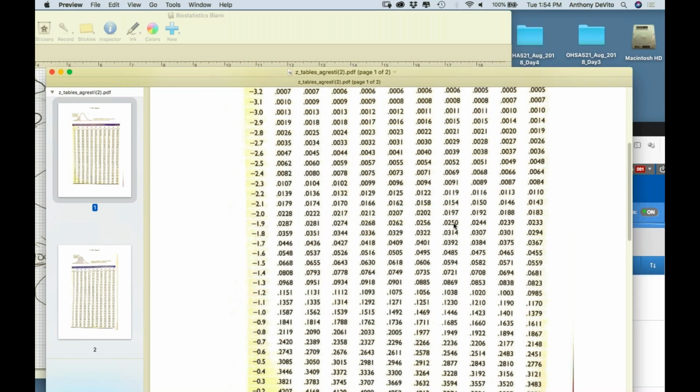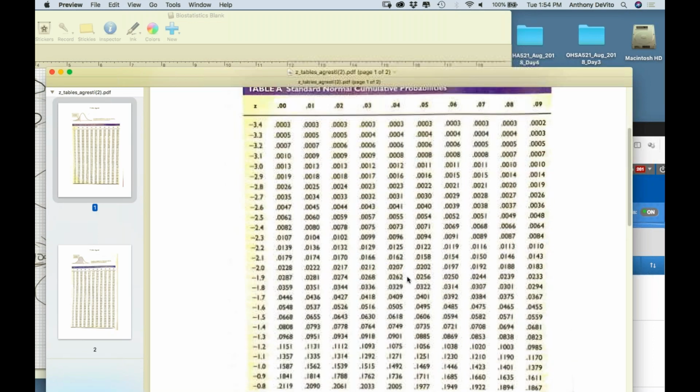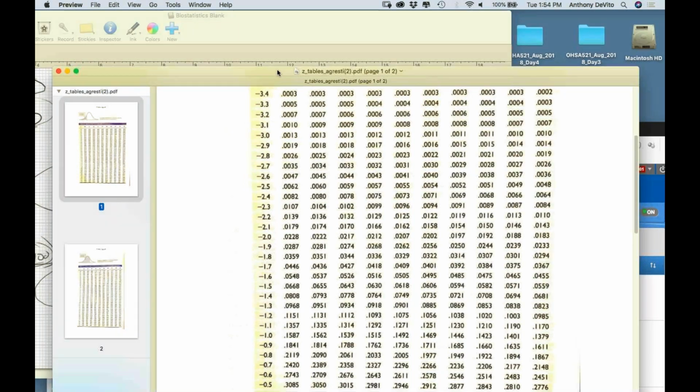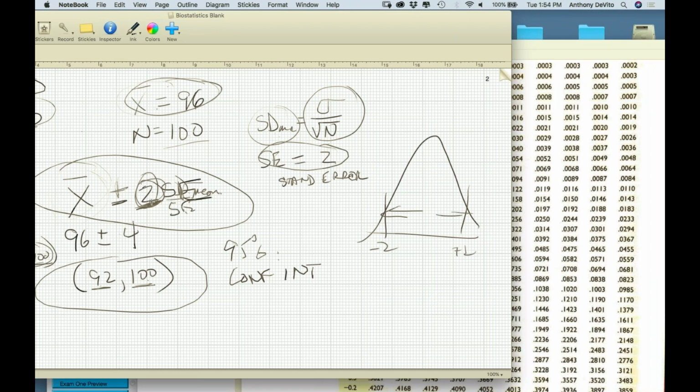Was it really 2, the z-score for a tail of 2.5% on the left and 2.5% on the right? No, actually it was 1.96, not 2, right? Because that empirical rule is only an estimate. So really, in this formula, I shouldn't be using 2, I should be using 1.96.